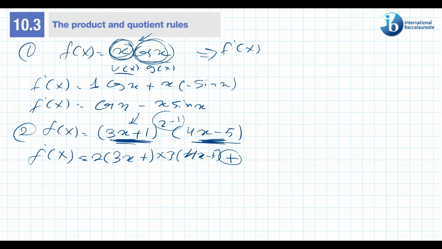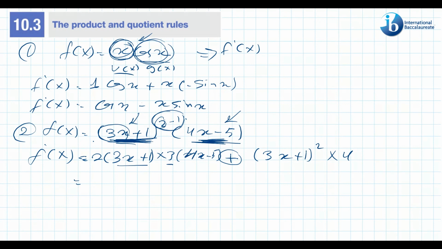Once again, dropping the exponent, after that subtracting 1 and put the function as it is, and then the derivative of this part, which is 3x plus 1, becomes 3 times 4x minus 5. And we're gonna deal with this part plus the first part, which is 3x plus 1 squared times the derivative of the second part, which is times 4.